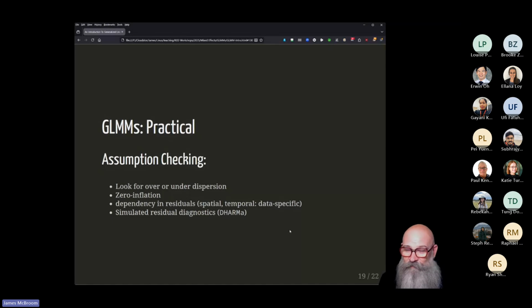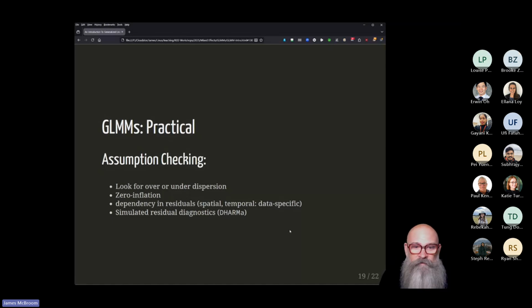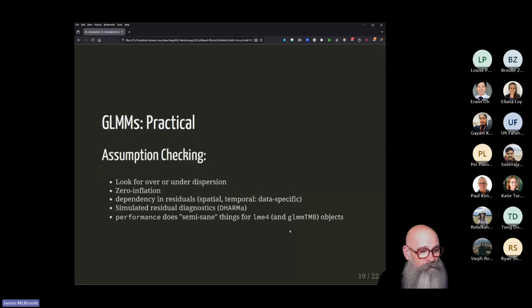So it actually started out with the name DHARM, but the author of the package learned that DHARM meant intestines or something in Hindi, and so whacked an A on the end. So he wasn't wandering around saying that his package was intestines, I guess. I don't know. It's a good little package, and we will use this in a tick if I shut up and get to the examples.